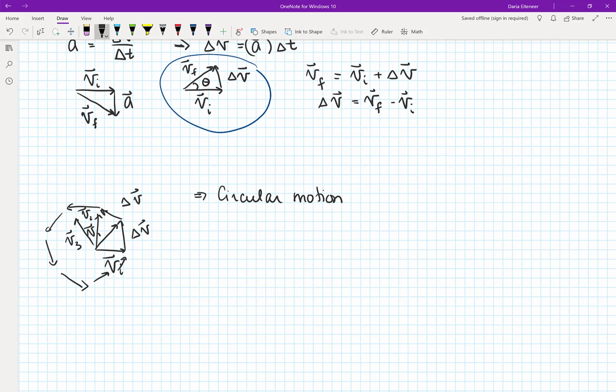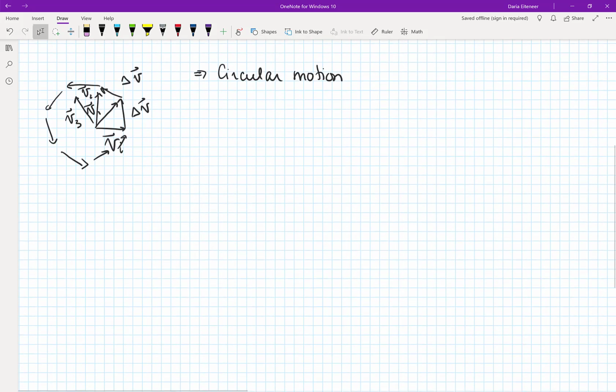So instead of drawing this really goofy picture that's difficult to draw, I'm just going to draw what circular motion looks like. Just as the name suggests, here is a circle. And I'm going to just indicate the direction of the circle. It doesn't matter at this point if I call it clockwise or counterclockwise.